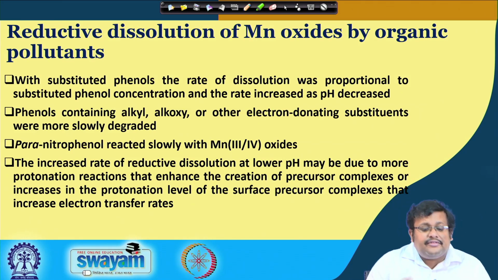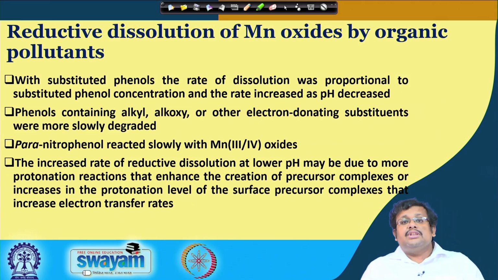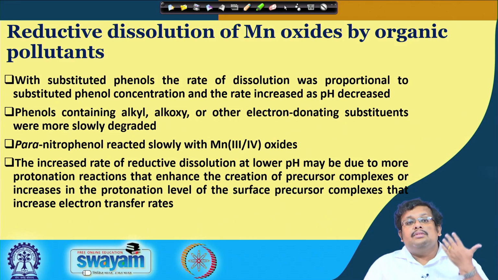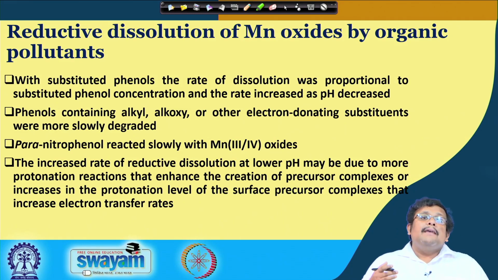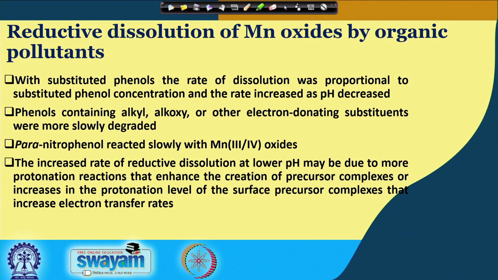With substituted phenols, the rate of dissolution was proportional to the substituted phenol concentration, and the rate increases as pH decreases. Phenols containing alkyl, alkoxy and other electron donating substituents are slowly degraded, and para-nitrophenol reacted slowly with Mn3 and Mn4 oxides.